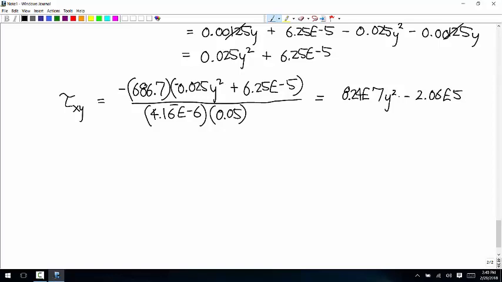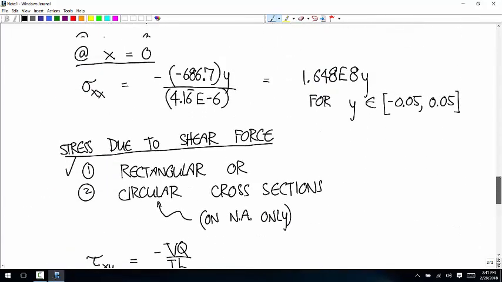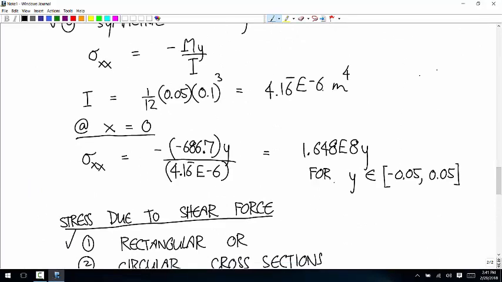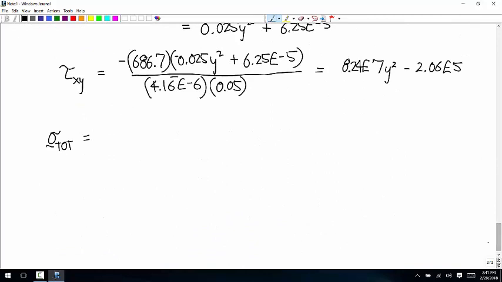All right, great. So now the total stress tensor. For the bending moment, we got 1.648 times 10 to the 8th y, and then zeros.